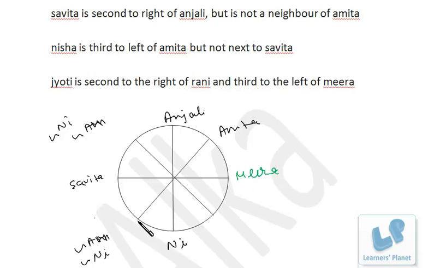This position can be taken by Jyoti, right? Now Jyoti is second to the right of Rani. So this must be Rani. So second to the right of Rani must be Jyoti, right? So all the positions are fixed up except this position. So the eighth girl Radhika will be there.